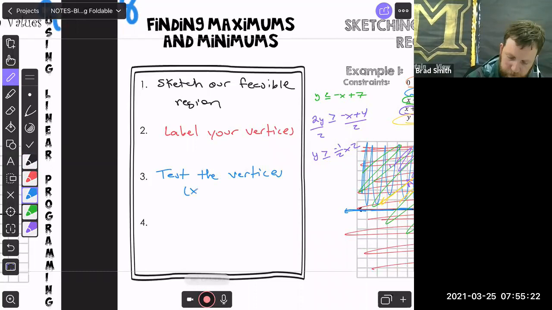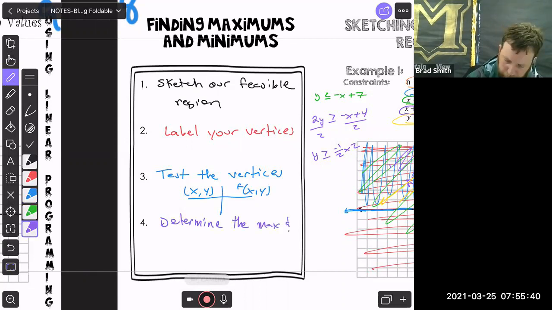Remember, that's your chart. And then step 4, we're going to determine the max and min. The objective function.